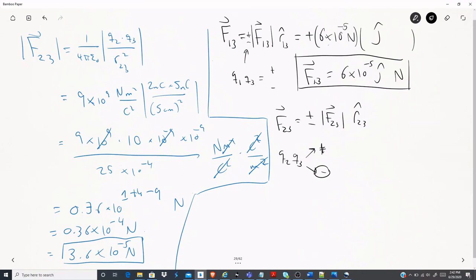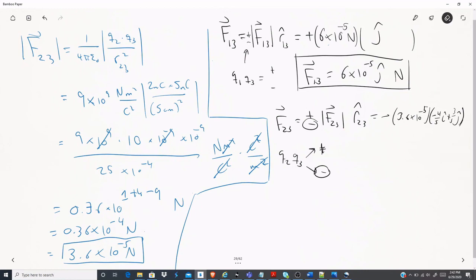So I go with minus 3.6 times 10 to the negative fifth times minus 4/5 i hat plus 3/5 j hat. And we have to flesh this out a little bit to have a nice answer.